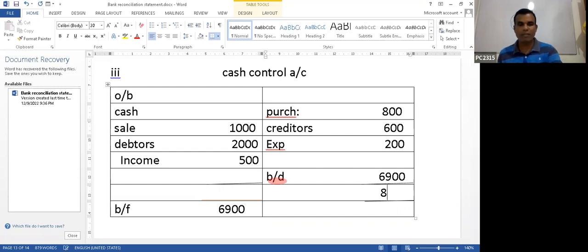Look at that. The same amount should be recorded here as well, 8,500. Then you can see the difference. Opening balance is how much? Sorry, 5,000. Opening balance is 5,000. This is how you have to complete it.